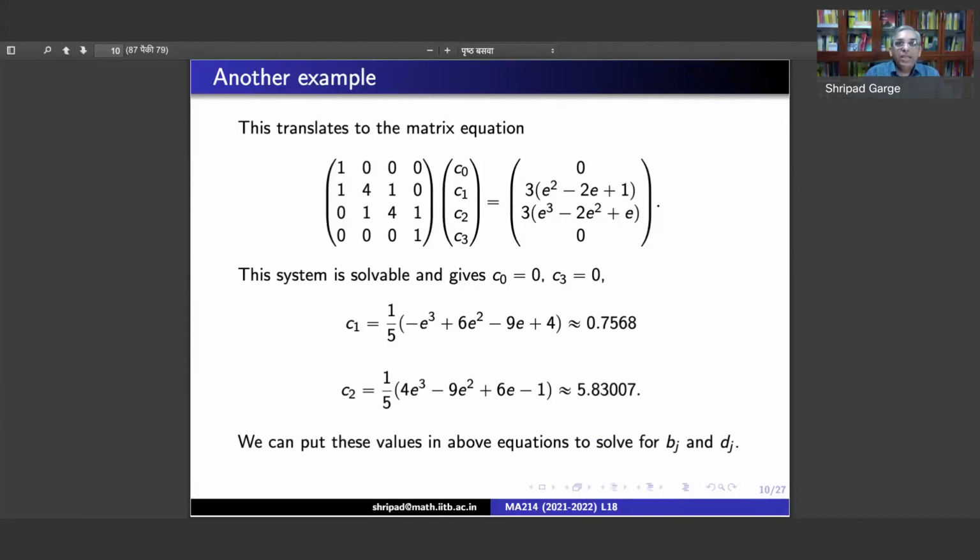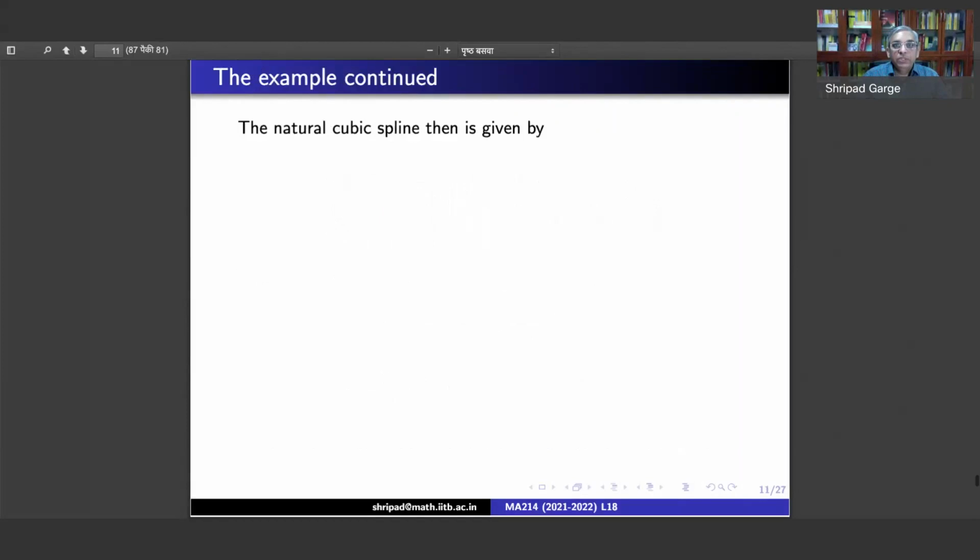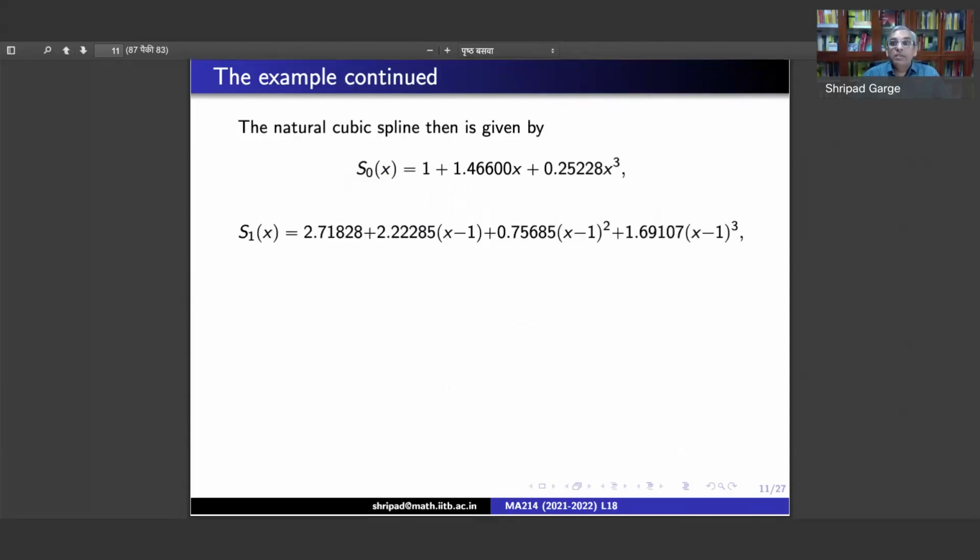You put them back and you can compute B0, B1, B2, B3, D0, D1, D2, D3, and it will give you the cubic spline, where S0 is this particular term. Again, note that C0 is 0, so you will not have any entry for C0 there. We will have S1 given by this polynomial, S2 is this. So we have these three cubic polynomials, each on 0 to 1, 1 to 2, and 2 to 3 respectively.